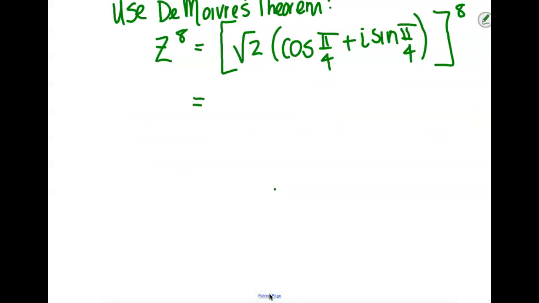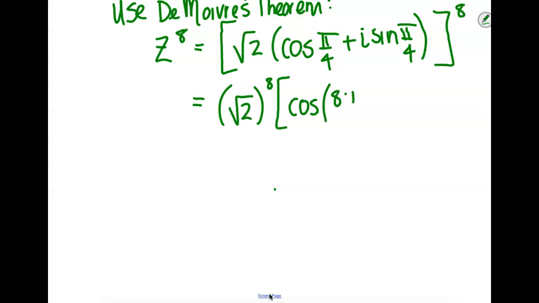The first thing we do is take that radius, the square root of 2, and raise it to the 8th power. Then the quantity, the cosine of 8 times your angle theta plus i sine of 8 times pi over 4. Now we're going to simplify it.